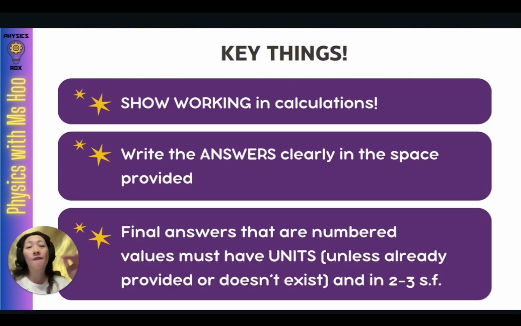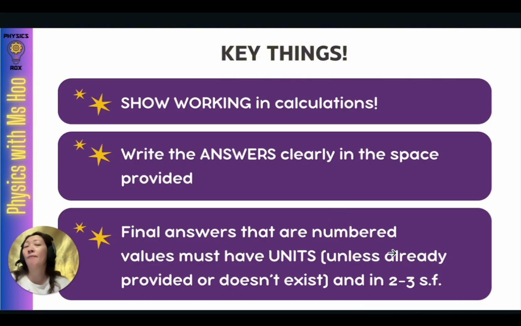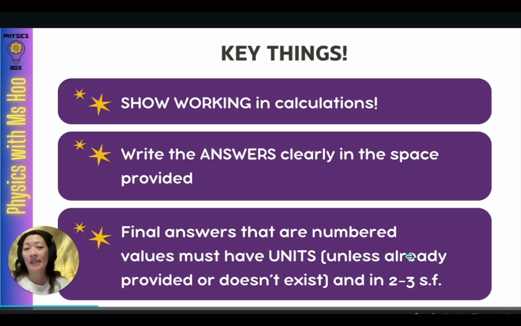It's just that the final answer you write should be rounded to 2 to 3 significant figures. So that's what I mean when I say the final answers. So remember, your calculated numbers could have many significant figures, but once you've gotten that final answer, round that final answer to 2 to 3 significant figures when you write it in the space provided.